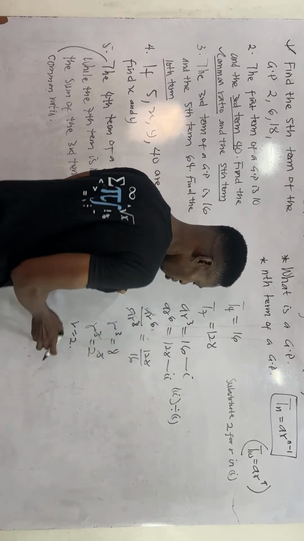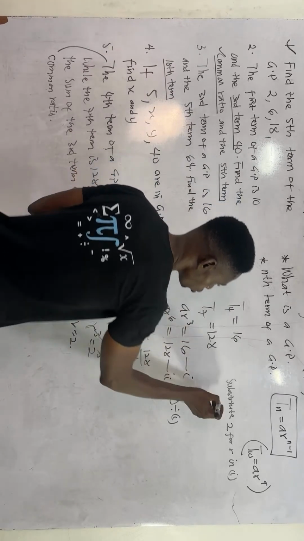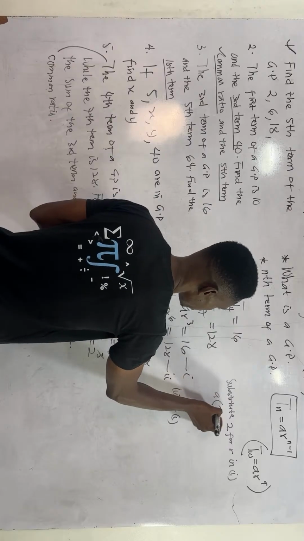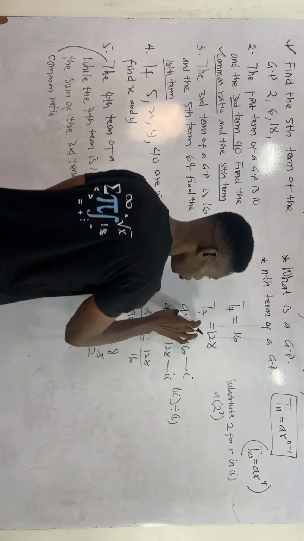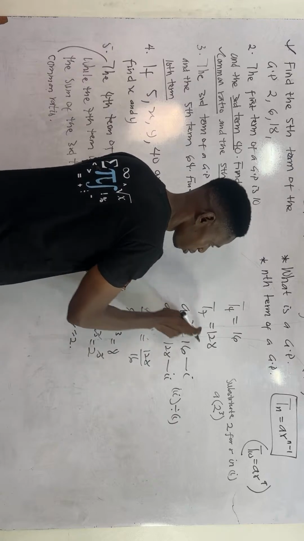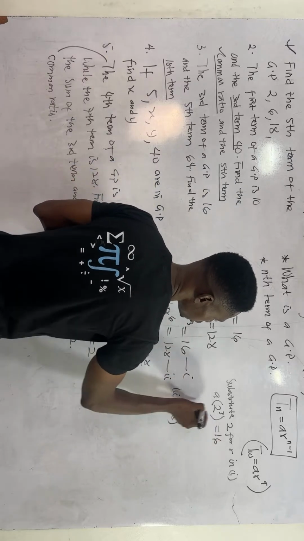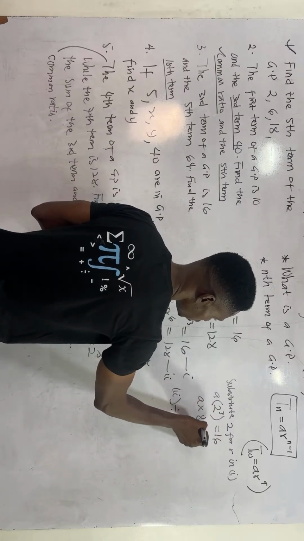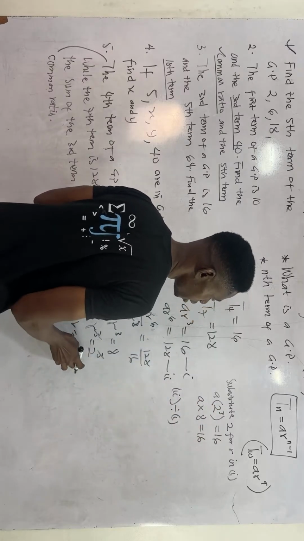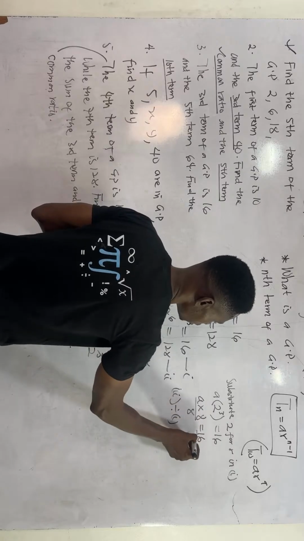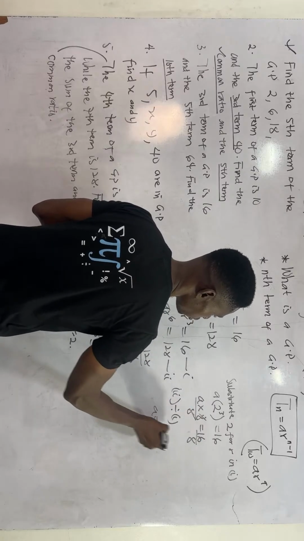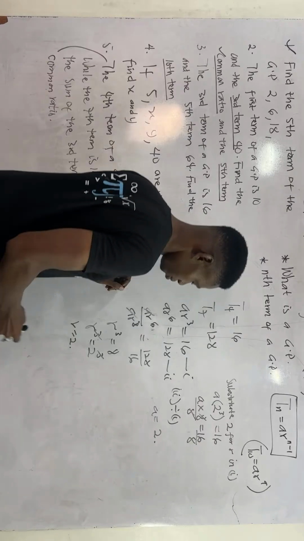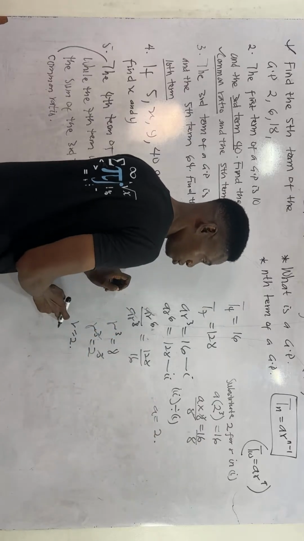So A multiplied by 2 raised to power 3, that's R is 2 now, equal to 16. So A multiplied by 8 equal to 16, right? Divide both sides by 8. Our A equals to 2. So A is 2 and R is 2.